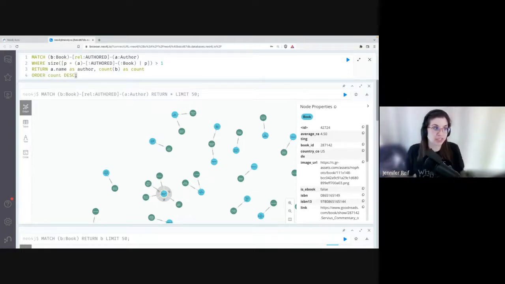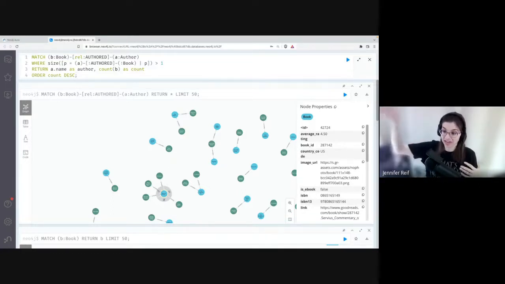So here I'm saying, okay, grab the author's name, aggregate the number of books based on that unique author name, and then order by the count in descending order. So highest number of books authored to lowest.